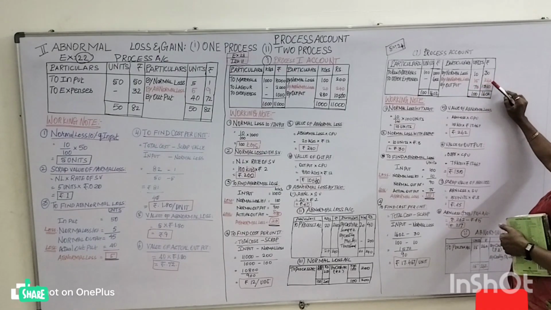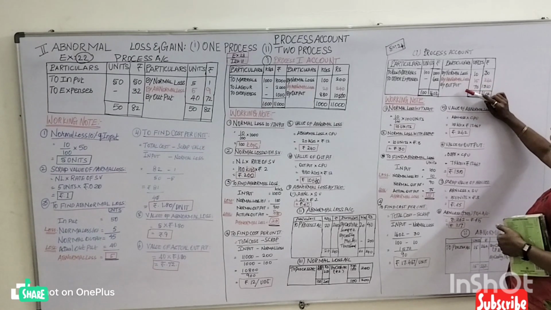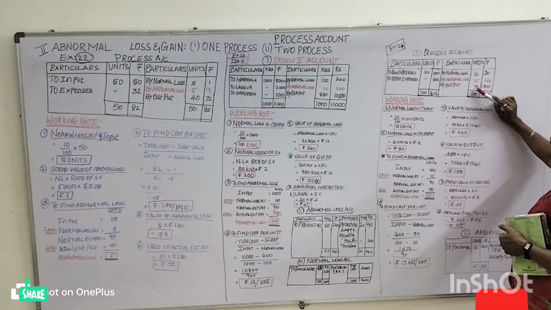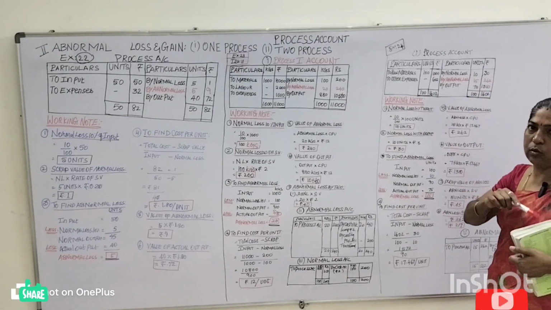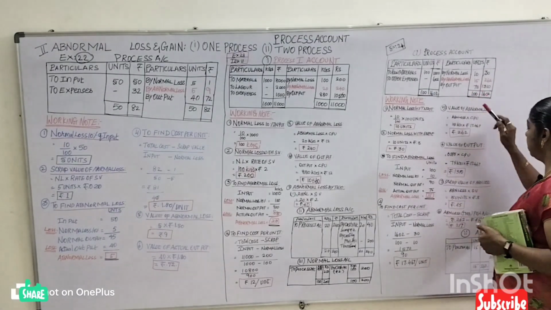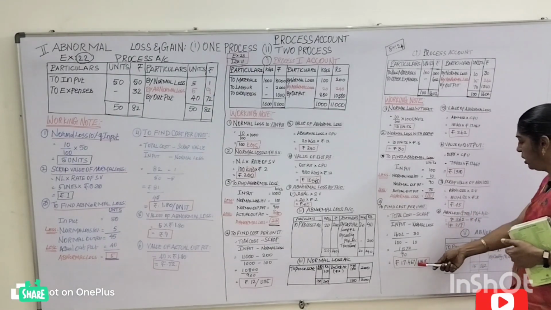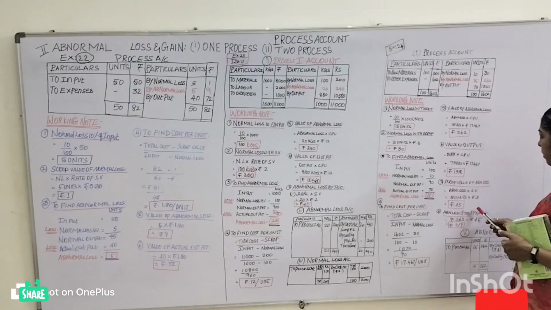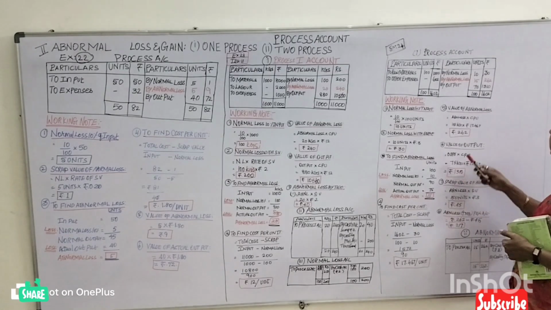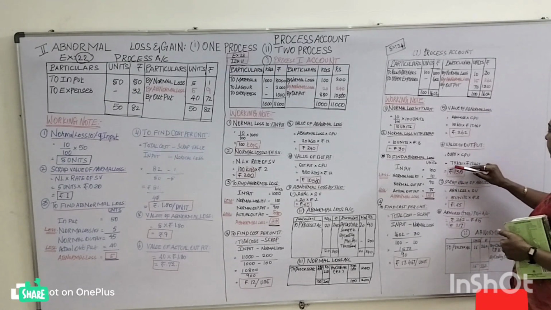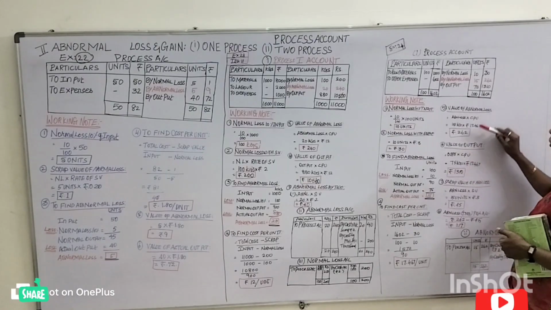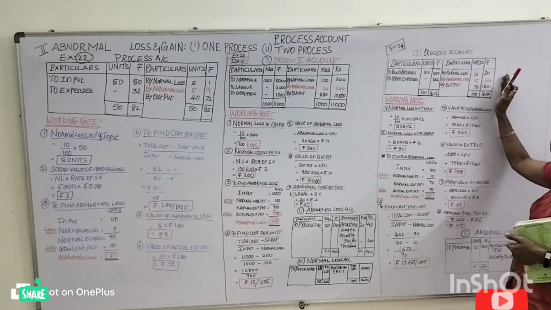So the value of abnormal loss is 262. Now we find the value of output. The output is 75 units, given in the question, into cost per unit 17.467. After multiplying you get 1310. Now we have found all the values.